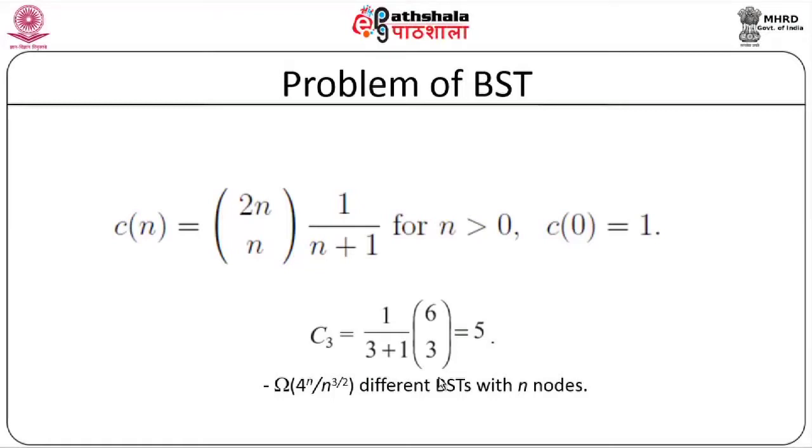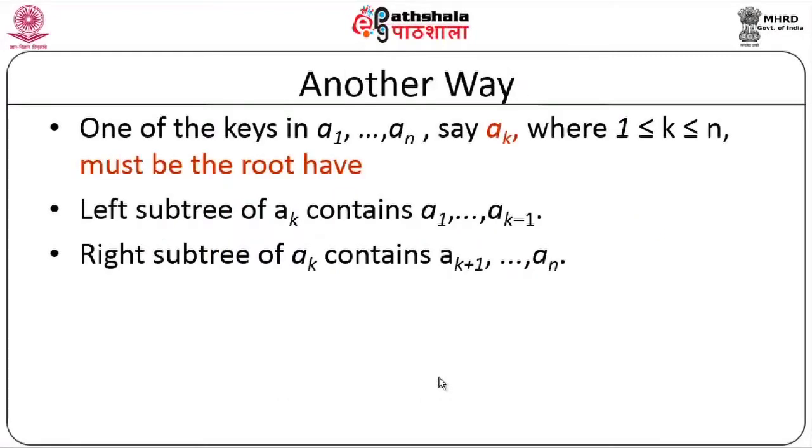In other words, this is an exponential problem, and as n increases, the number of possibilities becomes more and more, and it is practically difficult to implement these sorts of problems. That is the reason why we go for a more sophisticated methodology, and this sophisticated methodology happens to be dynamic programming. In dynamic programming, we can apply the concepts to this particular problem.